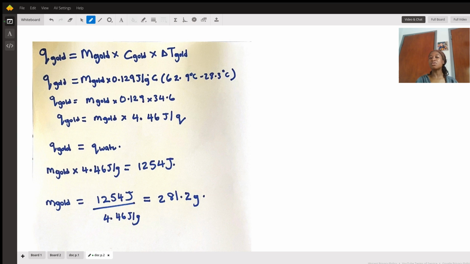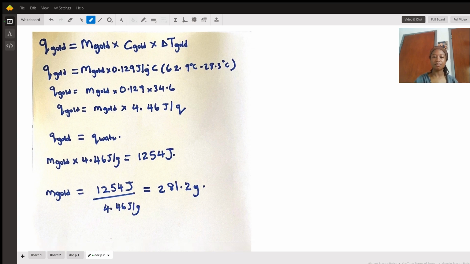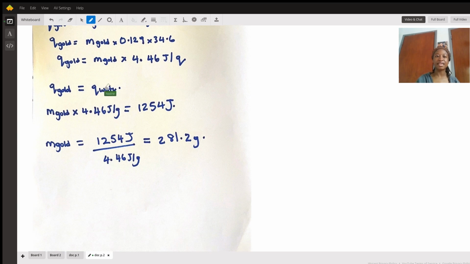With the gold, I just write M gold throughout my equation, as you can see right here and here and here, because I do not know the mass of the gold yet, and that's what they ask you for. I put the specific heat capacity and also the temperature change, because those are important. So the heat loss of the gold is equal to the mass of the gold times the 4.46, which we just calculated right here.